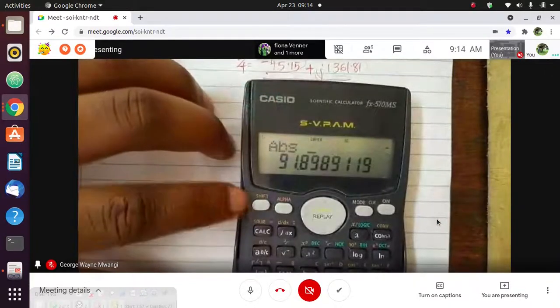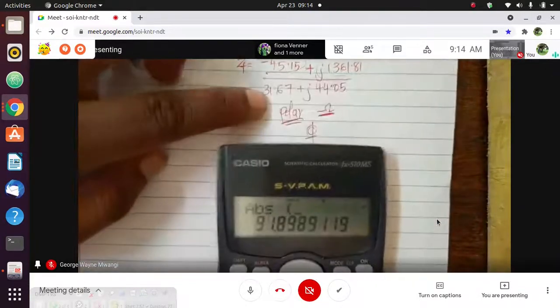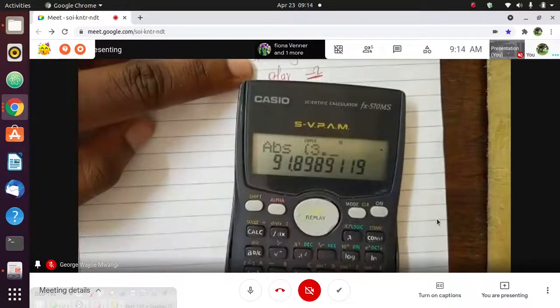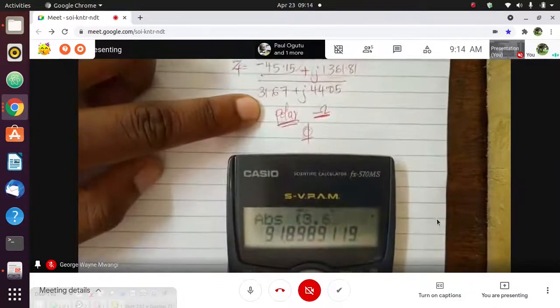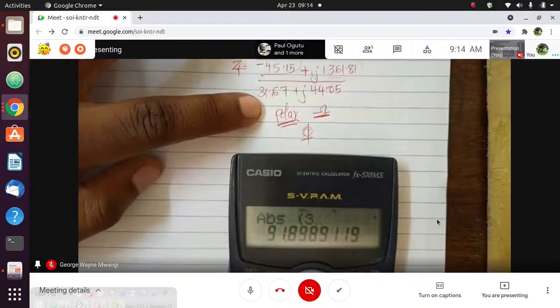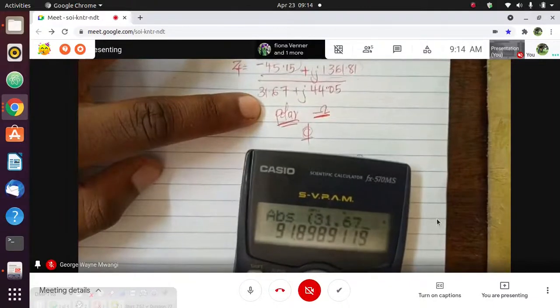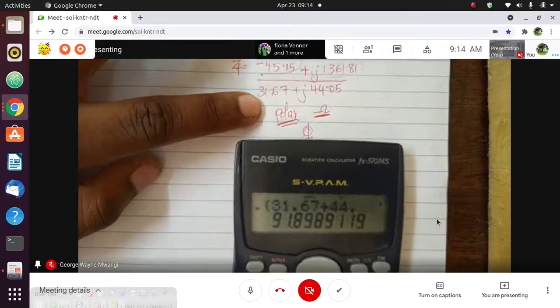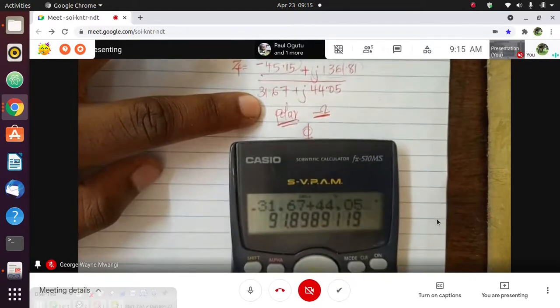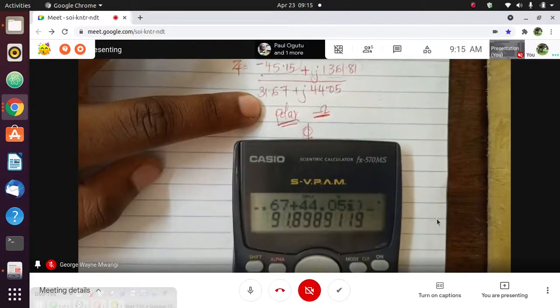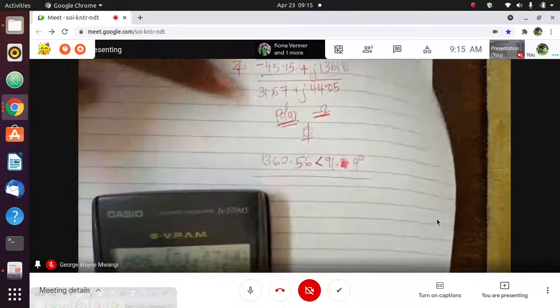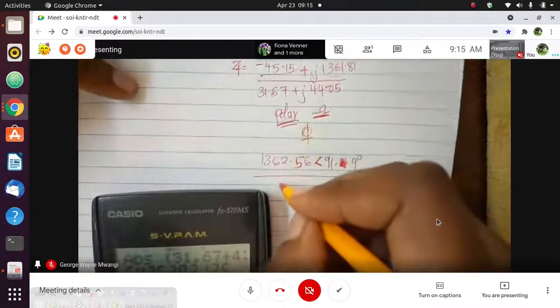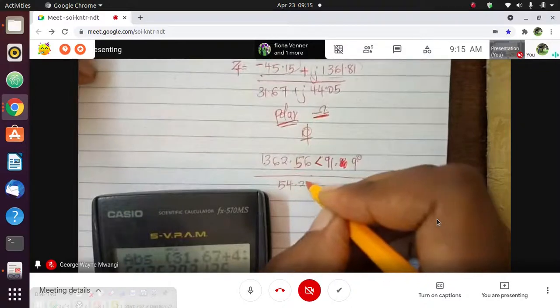Shift absolute. The value of the denominator is 31.67 plus 44.05 I. You get 54.253.